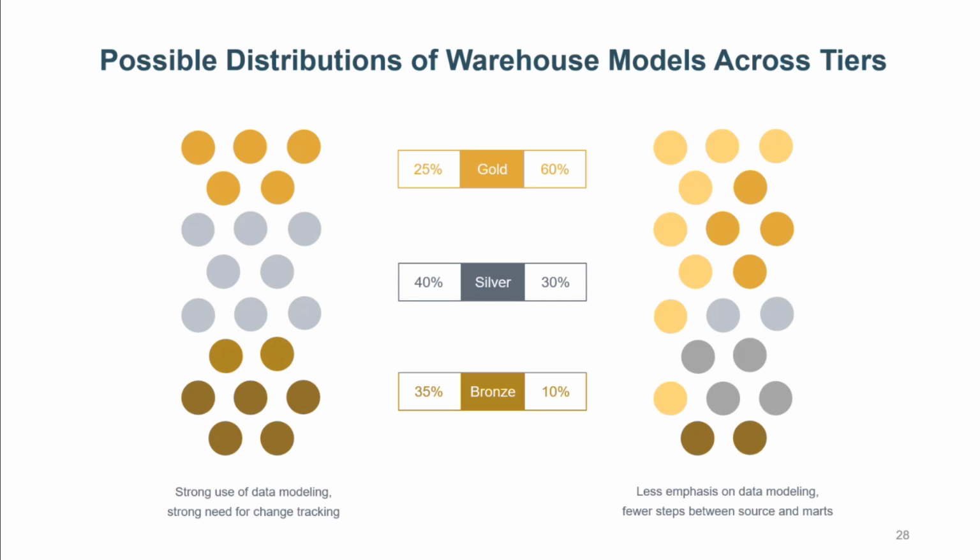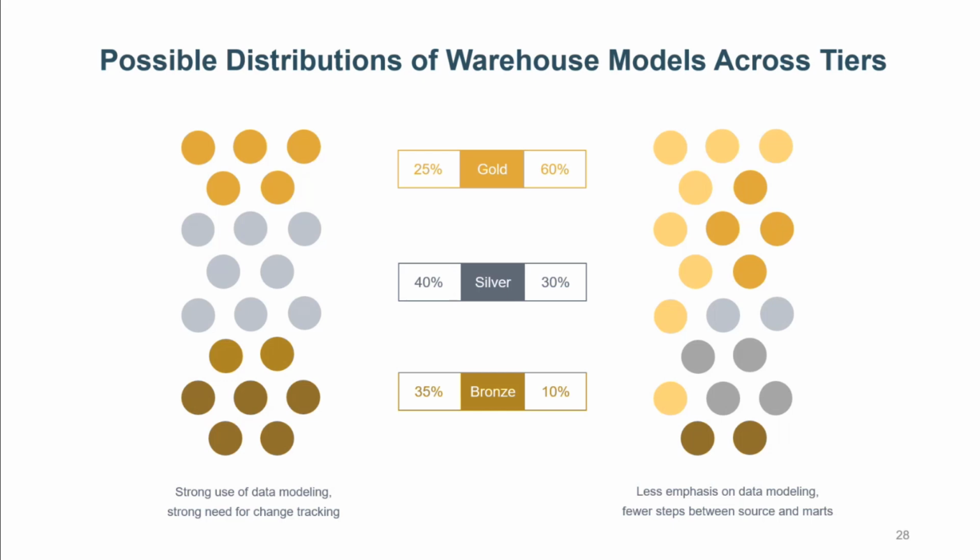At your different firm or for a different client, you may want to have a bigger bronze tier, or you may want to have a lot more data marts. So how you break up your data pipeline is going to depend on your very specific data needs for your analysis and your particular use case.